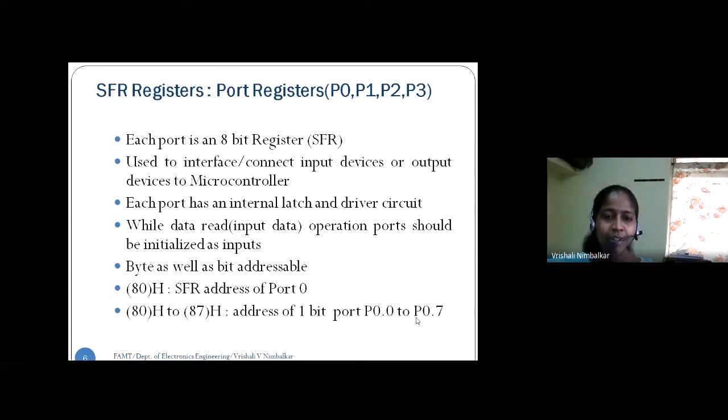Now the other addresses are 90, 91 up to 97 for port 1, A0, A1 up to A7 for port 2, and B0, B1 up to B7 for port 3. And the way we write the instruction, the microcontroller understands whether it should access 8 bits or 1 bit of that port.